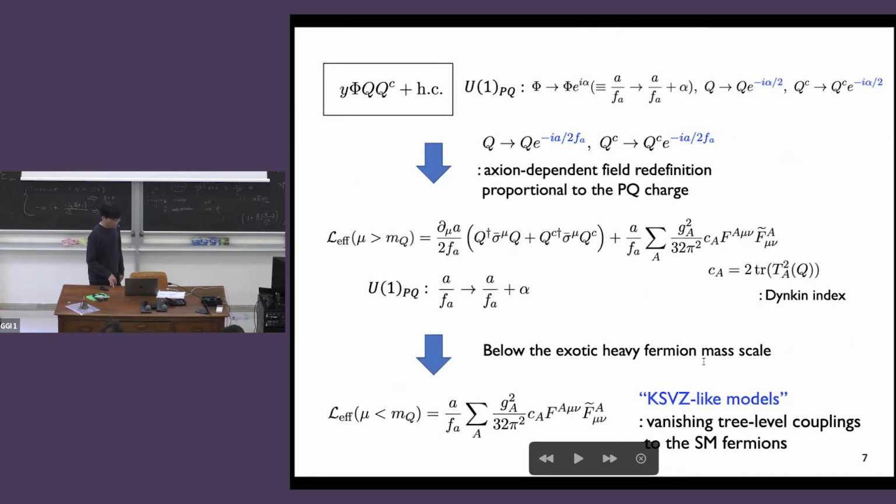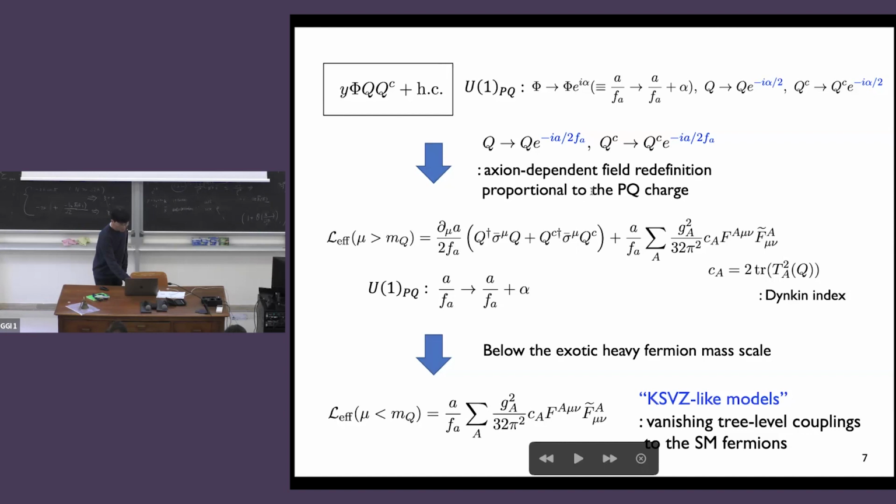So in order to obtain a low energy effective axion Lagrangian, it is convenient to go to a field basis where this Peccei-Quinn symmetry is non-linearly realized by a shift of the axion field alone.